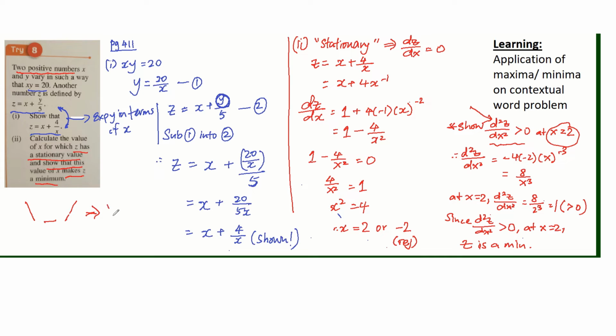That means it is a minimum point in this case. But I won't show that in the interest of time. I'll leave it up to you to go back and try on your own. If you would like to try it, please go ahead and you may clarify with me when I see you next Monday.